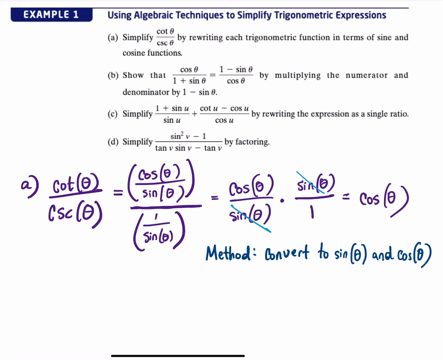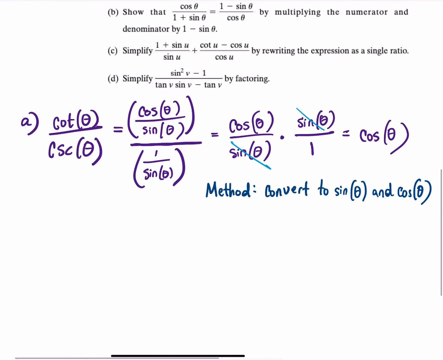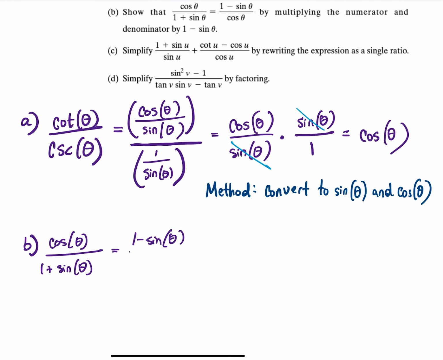Okay, let's look at our second example. It says to show that cosine of theta over 1 plus sine of theta is equal to 1 minus sine of theta over cosine of theta by multiplying the numerator and denominator by 1 minus sine of theta.